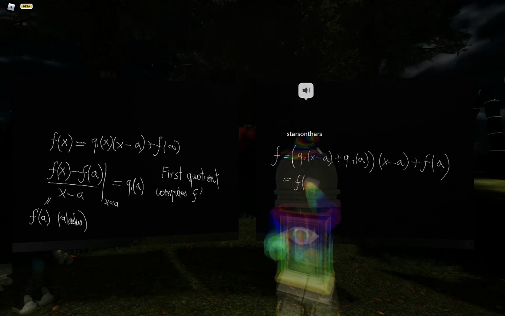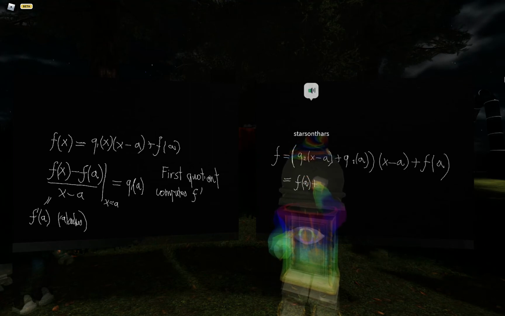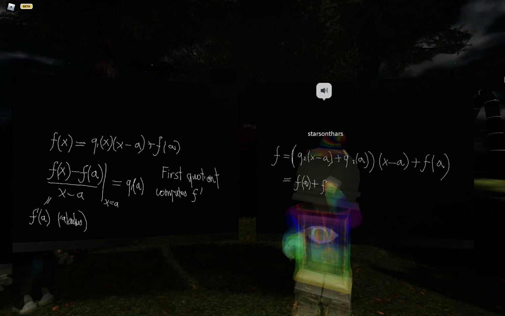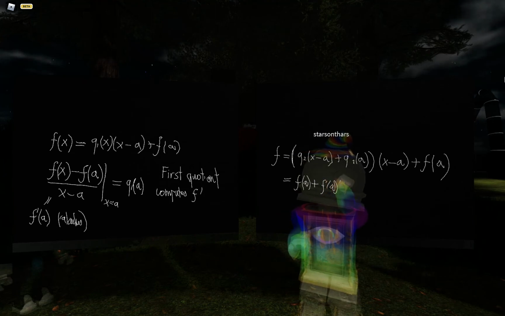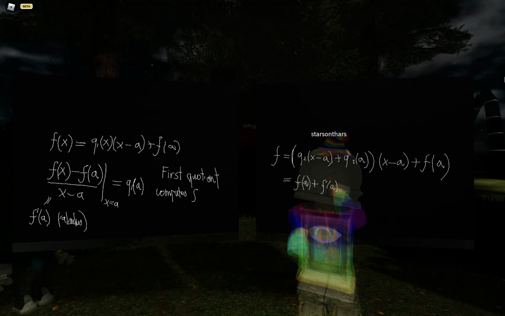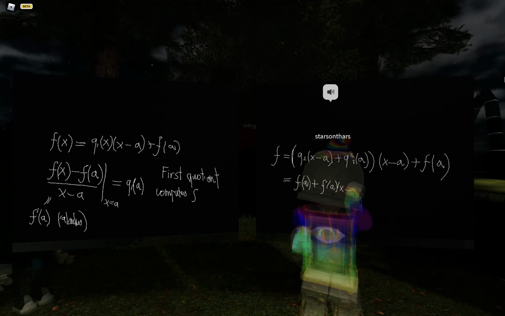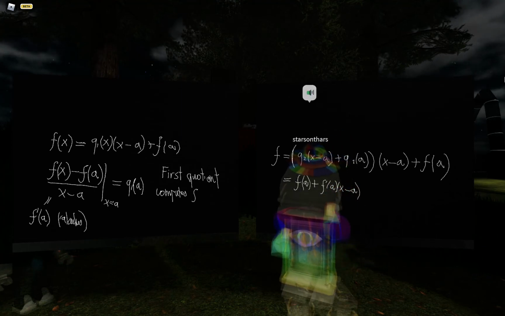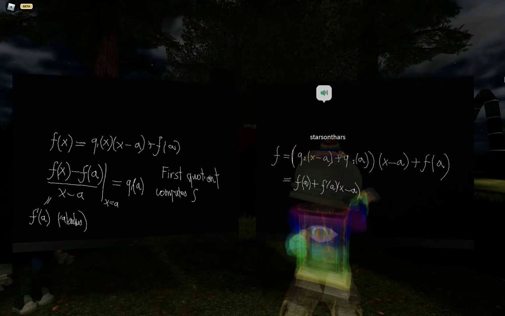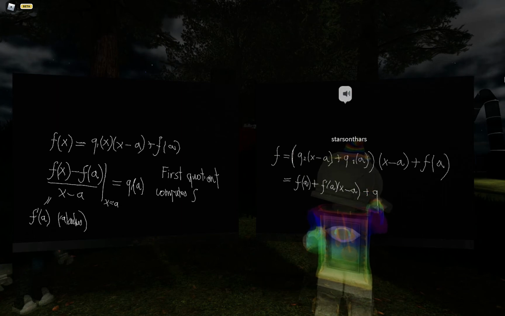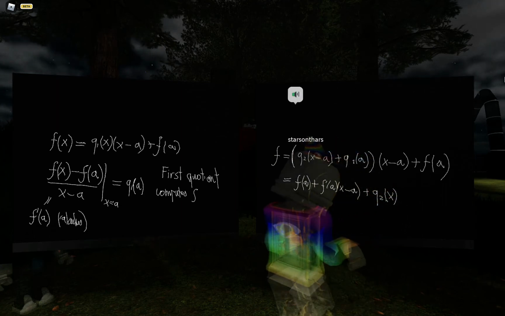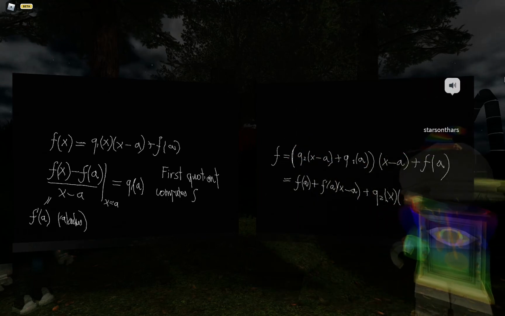That's fa plus q1a x minus a, which is f prime a, times x minus a. And then I've got this term q2 times two copies of x minus a. So that's plus q2. Now this is a polynomial, right? I'm not going to write q2a there. That wouldn't be correct.